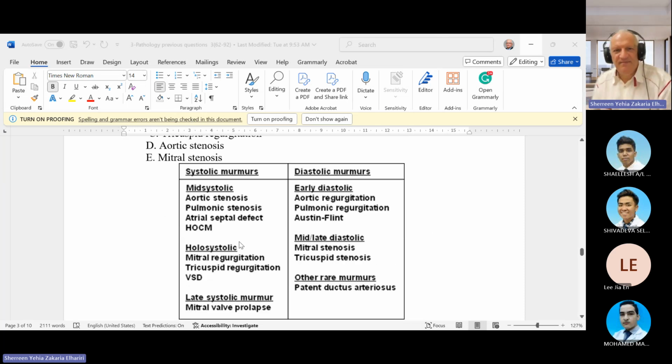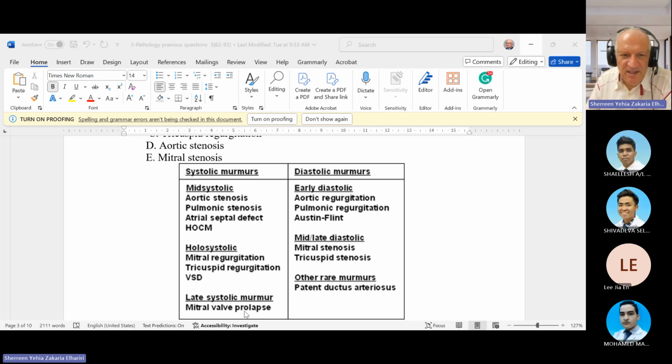To summarize, systolic murmur can be mid-systolic: aortic stenosis radiated to the neck. Pulmonary stenosis, rare. ASD in a baby, congenital anomaly. Holosystolic: mitral regurg, of course you hear it in the mitral area, the fifth intercostal space. Tricuspid regurg, systolic, not in the mitral area but on the left side, at the sternal edge.